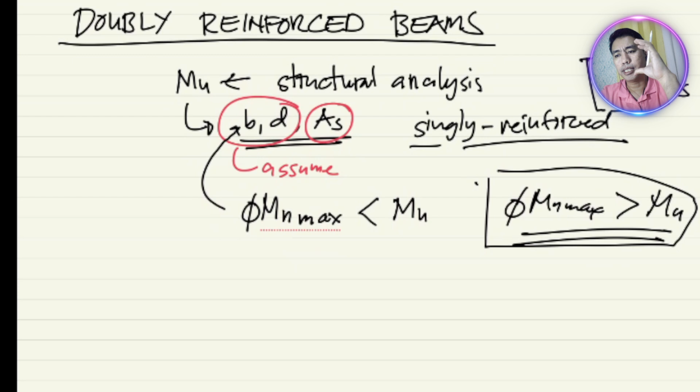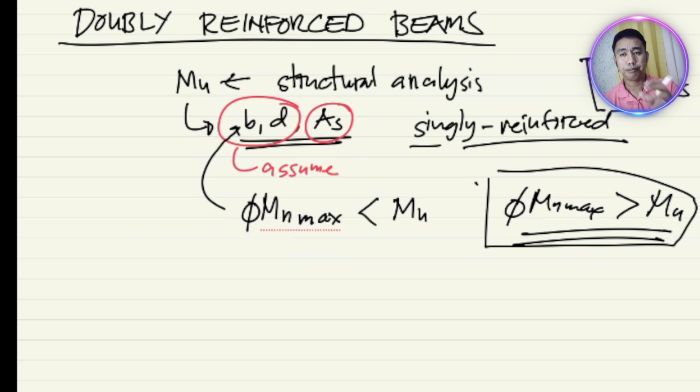Let's say the architect specifies na dapat yung depth lang ng beam is maximum 300 mm, for a span of let's say 7 meters. So limited lang. Wala kang freedom na mag-adjust to satisfy the maximum moment.